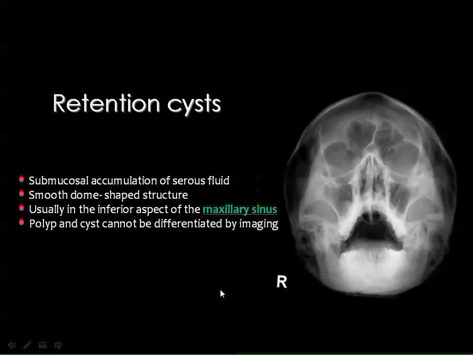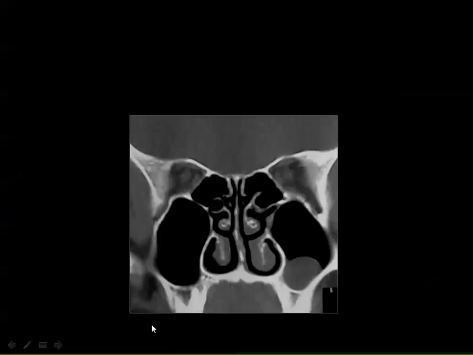It is just an accumulation of fluid underneath the sinus mucosa, resulting in a bulbous mucosal thickening. And remember that retention cysts are far more common than polyps in the sinuses. In order to diagnose a polyp in the sinus, there are some criteria I will mention.